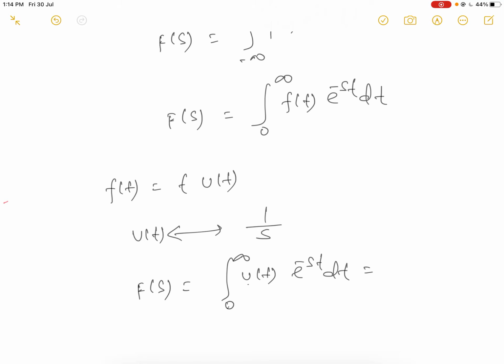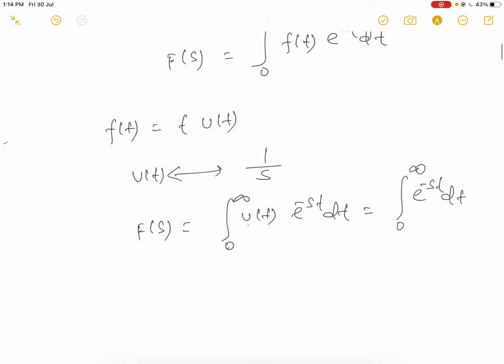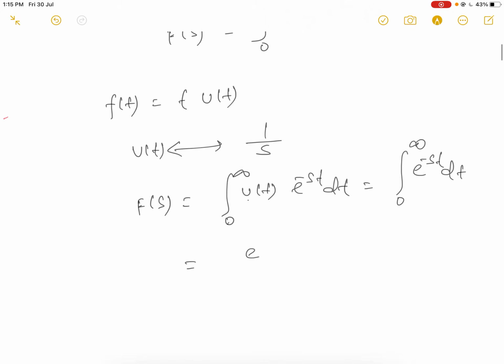So what will happen? Integration from 0 to infinity of e^(-st) dt. Take the integration, it will be e^(-st) upon minus s from 0 to infinity. Put in the limits, then you will get 1/s.